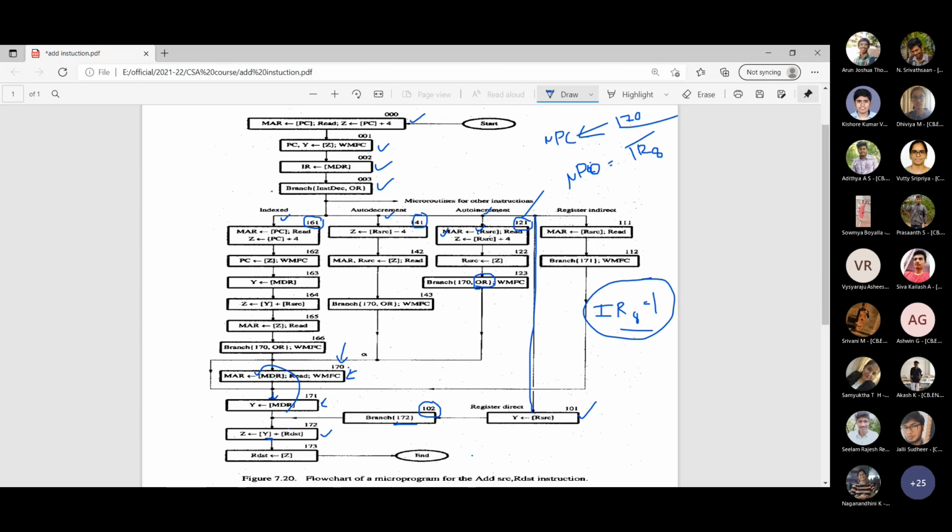Now, who is going to convert it into micro instructions? Let me call out somebody. Should I call Sneha? Are you there? Sneha, are you there? Quickly, you finish it, then the session is over.